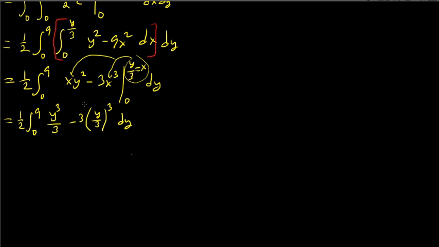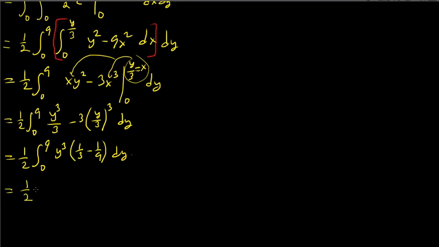So a little bit of algebra there, but it's y cubed over 3 minus y cubed over 9. So essentially y cubed times 1 over 3 minus 1 over 9, which I think is just, if you multiply this by 3, 3 minus 1 is 2, 2 over 9, right?